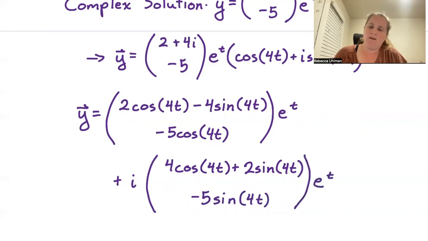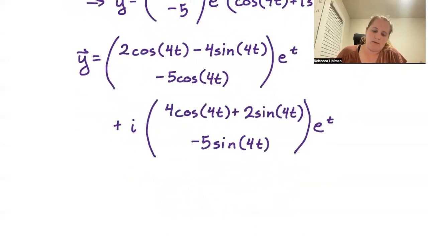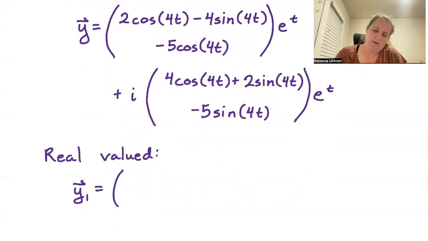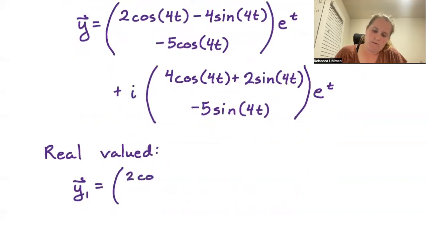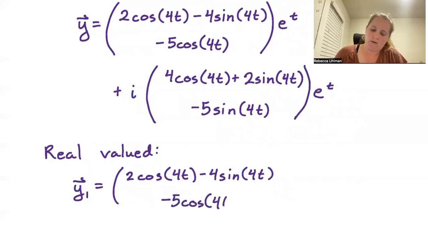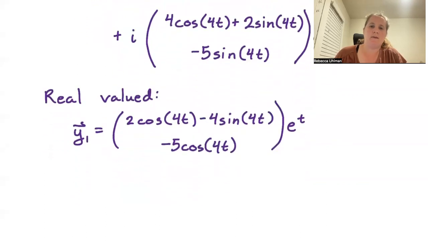Again, all multiplying e to the t. And so for our real valued solutions, we would take y1 to be the real component, 2 cosine of 4t minus 4 sine of 4t, and then negative 5 cosine of 4t for the second position, all multiplying e to the t.